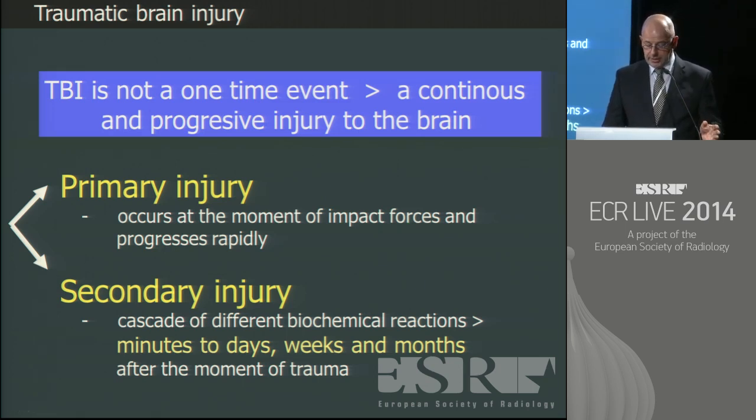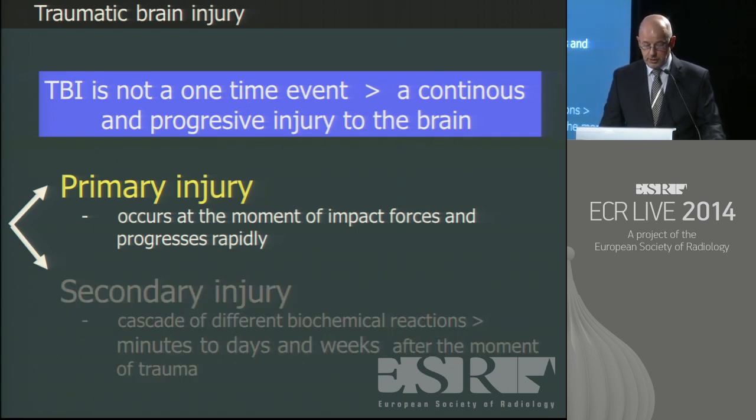This is a cascade of different biochemical reactions that last minutes, days, weeks, and months. It's very hard to tell when it will finish. Because of the time given to me for the lecture, I will concentrate on the primary injury only.